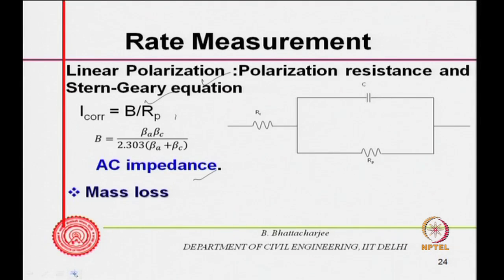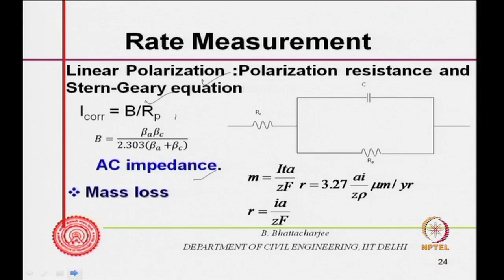But if you are looking at mass loss gravimetrically, that is how much mass loss has occurred, the mass loss will be proportional to I, the current, times time, times atomic weight, divided by Z and F, from Faraday's law. And if I divide I by area, I get the corrosion current density, and R will be the rate per unit area, the mass per unit depth that is going in.